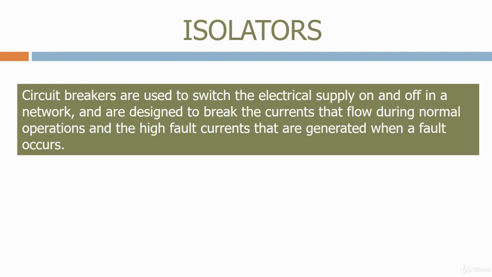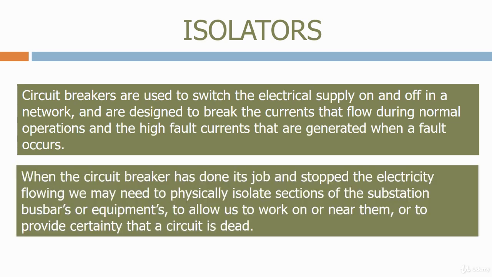Circuit breakers are used to switch the electrical supply on and off in a network and are designed to break the currents that flow during normal operations and the high fault currents that are generated when a fault occurs. When the circuit breaker has done its job and stopped the electricity flowing, we may need to physically isolate sections of the substation bus bars or equipment to allow us to work on or near them, or to provide certainty that a circuit is dead.